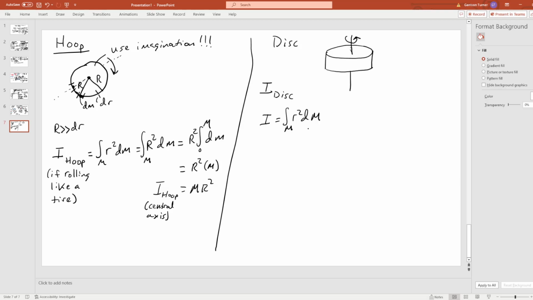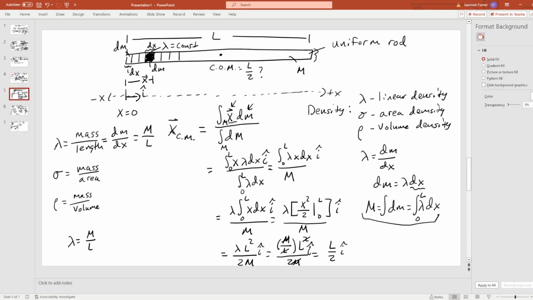Okay, so we have to come back to this idea of our densities. I am going to concentrate on the volume density. So if mass per unit length is dm dx, mass per unit area is dm dA, and mass per unit volume is dm dV. Okay?